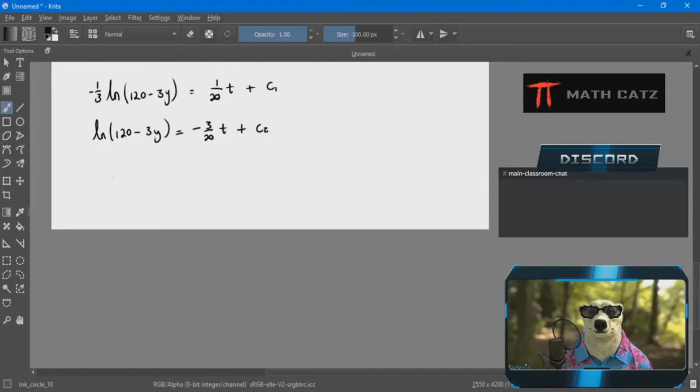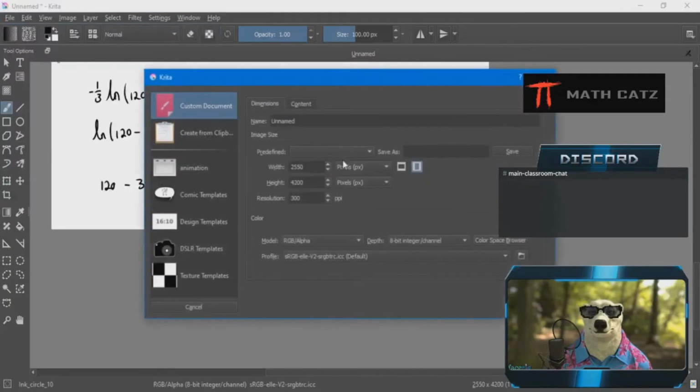Not right now. Then I'll do one more line: 120 minus 3y equals e to the negative 3 over 20 t plus c2. And again, we're going to have a more convenient integration constant, as we have done many times before.